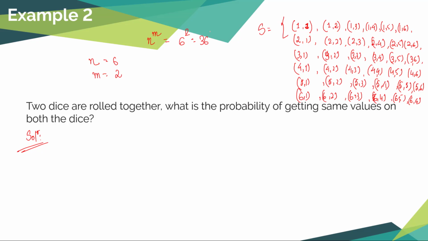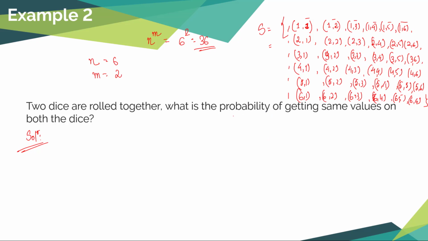So the position matters. Now if you count the total number of possibilities, along here 1 2 3 4 5 6, along here 1 2 3 4 5 6. So we have 6 into 6, 36 outcomes, right? And the formula also suggests that we will have 36 total possibilities. So this is our sample space.